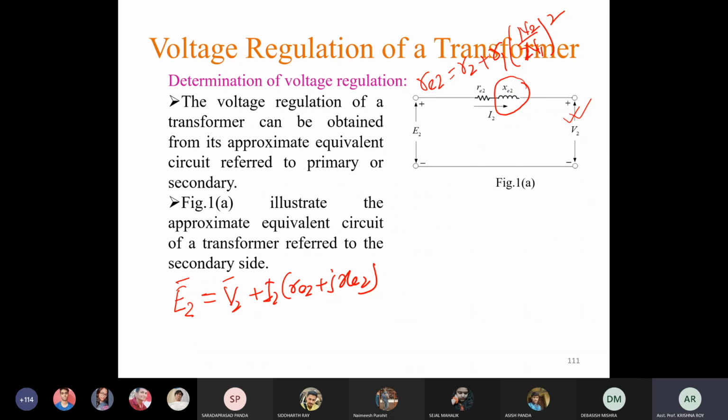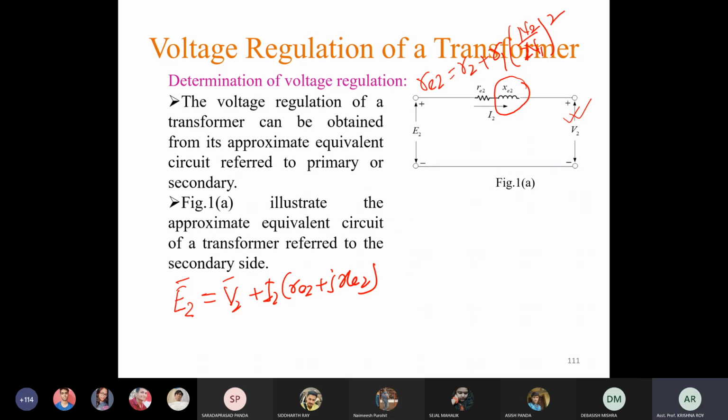Then you have to know how to modify those three equivalent circuits for any other given condition. Here you can see all the parameters are referred to secondary side and no primary quantities are shown in this diagram. The primary quantities, that is R1 and X1, are referred to secondary side.